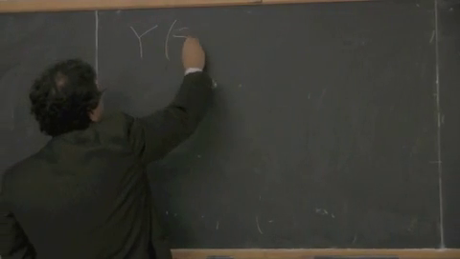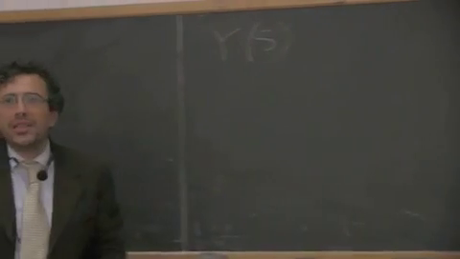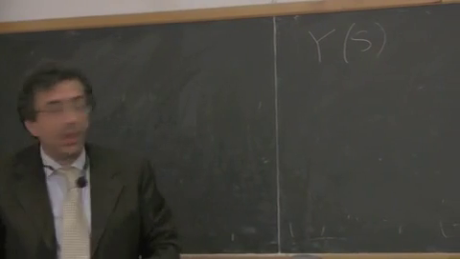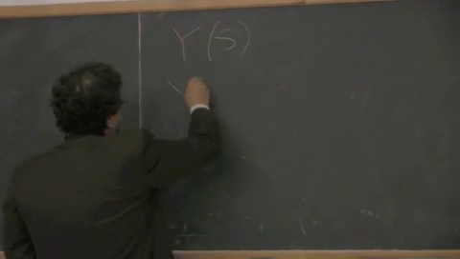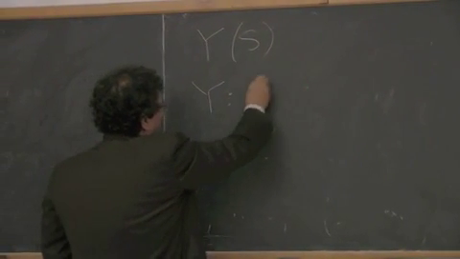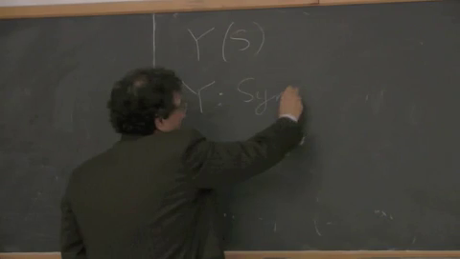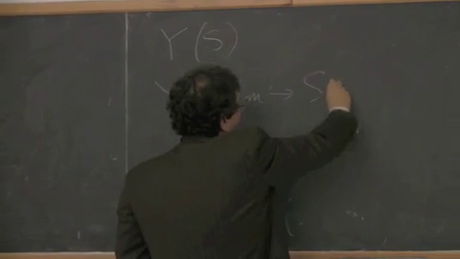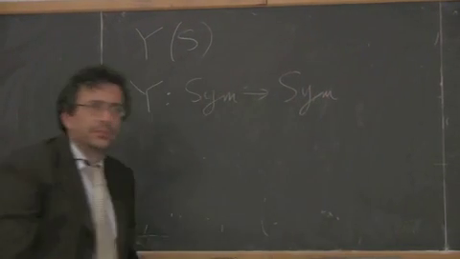So, imagine to have a map Y of S which is isotropic. So you have a map defined in the set of symmetric tensors.